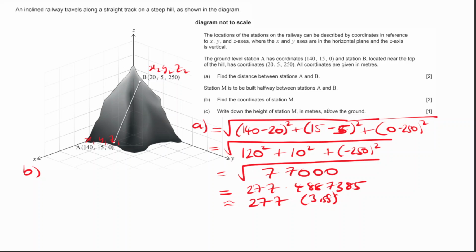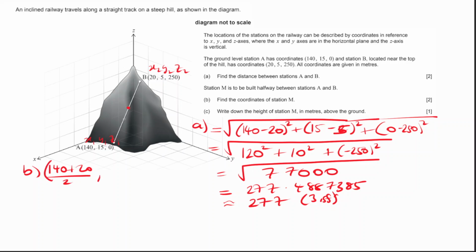B, it says station M is to be built halfway between stations A and B. So we're basically trying to find the midpoint between the two. So we're going to use the midpoint formula, yeah? x1 plus x2, so 140 plus 20, all divided by 2.